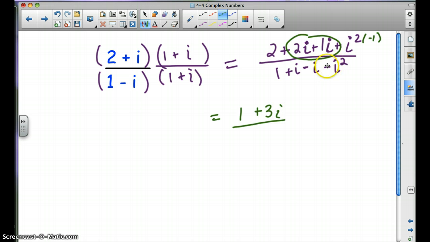And down here, the i's cancel out, and a negative i squared is going to be a negative negative 1, so it ends up becoming plus, so then we have 2. And your book likes you to write it as a complex number, since we started out with complex numbers. So you have to have a real number and imaginary. So we're going to split this up as 1/2 plus 3i over 2.